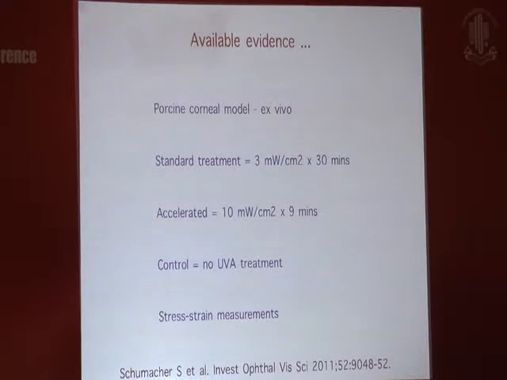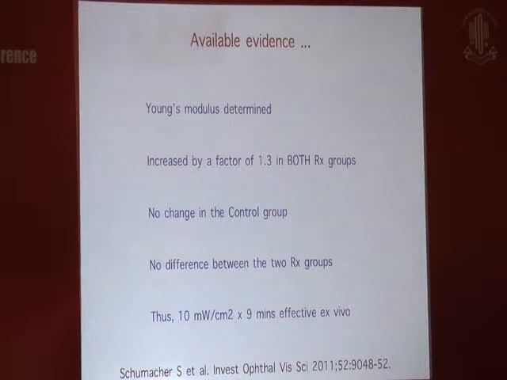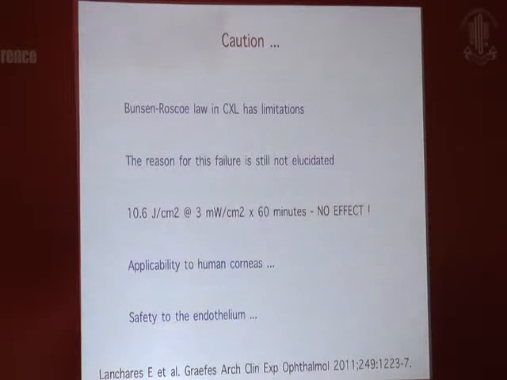They then performed stress-strain measurements to determine the Young's modulus, which increased by a factor of 1.3 in both the treatment groups, indicating that the corneas did stiffen while there was no change in the control group. Statistically, there was no difference between the Young's modulus in both the treatment groups, meaning that an accelerated procedure using 10 milliwatts for 9 minutes was effective ex vivo in this porcine model.